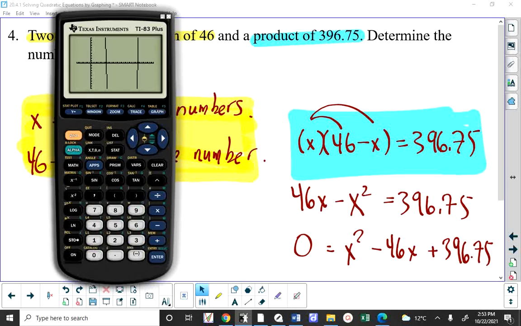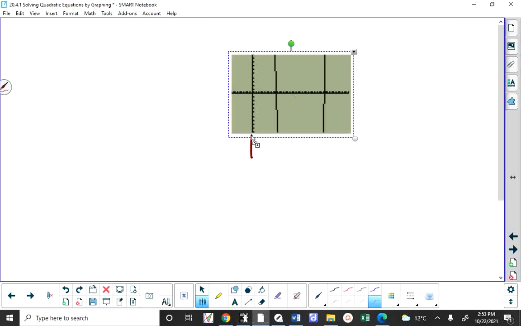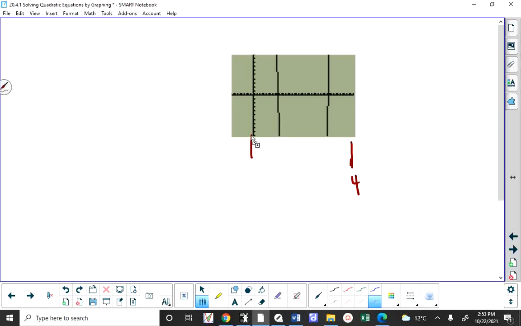Right now, I went up to 46, so let me show you what's going on in my head. I'm saying this is 46, so maybe that's 25. I think if I went from 10 to 40, that would be good. And this looks like way down there, doesn't it? Like negative 100? I don't know. We can always change the number later.